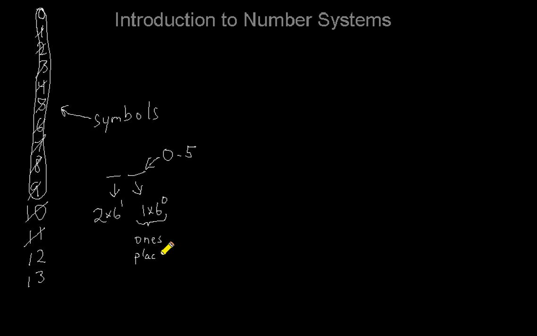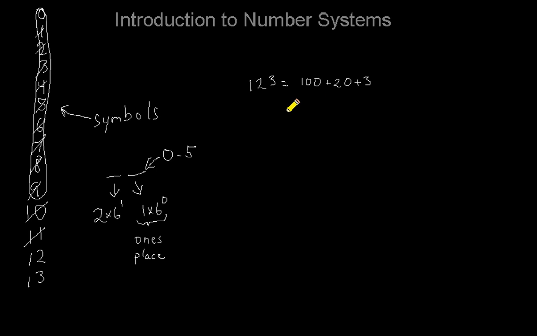This is the same as you would have learned in elementary school at some time. Let's take the number 123. Well, we can break that up so that it's 100 plus 20 plus 3.